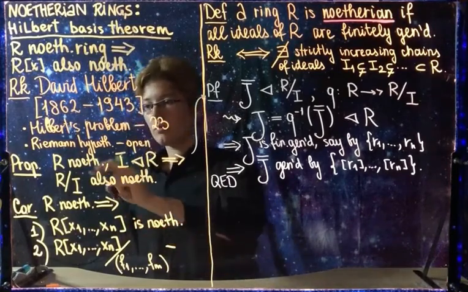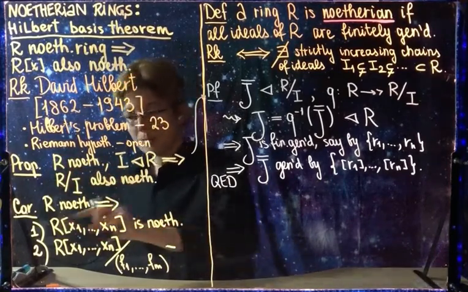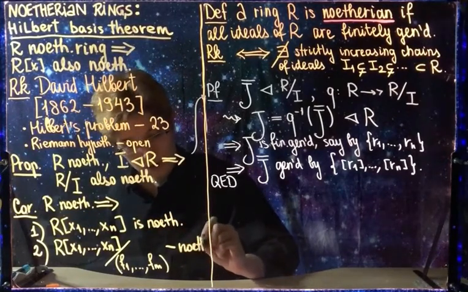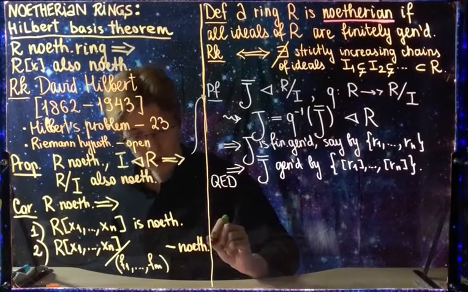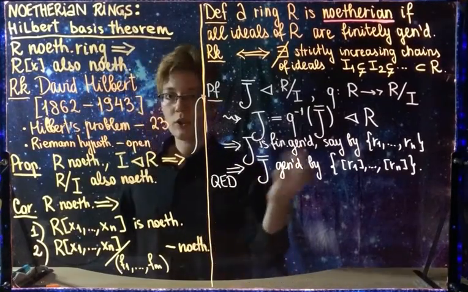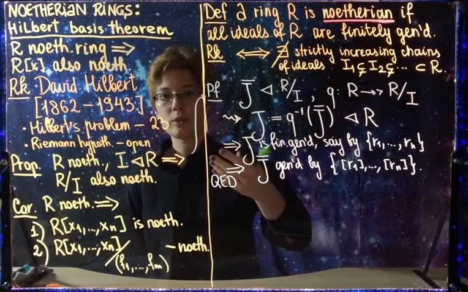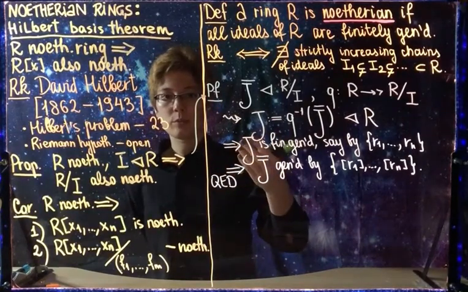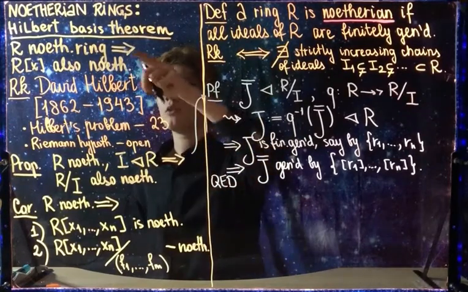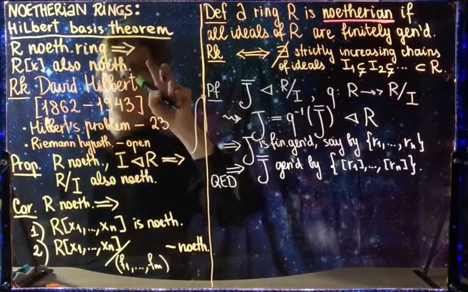So because of this proposition and the first part, this ring is also Noetherian. So basically you start with any field or PID, and then you adjoin any number of variables, and possibly mod out by some equations, and you still remain in the realm of Noetherian rings due to this theorem.